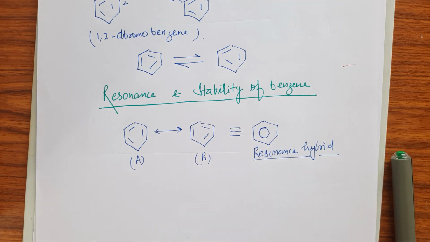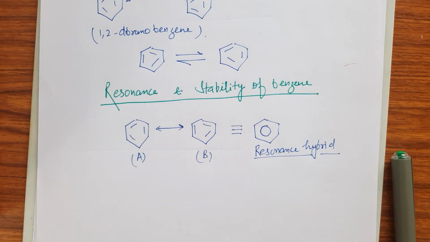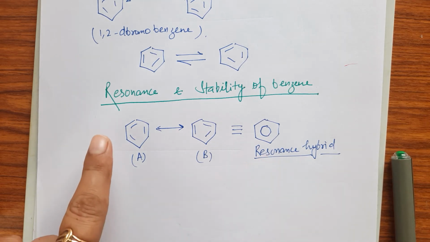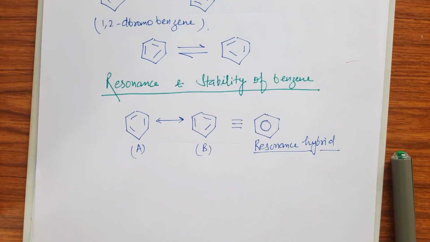So it shows the orbital overlapping in benzene, and that's why there is the possibility of resonance, and that's why it exists in the form of this resonance hybrid instead of the structure A or B given by Kekulé. Now we take the proper orbital overlapping in benzene. So let's check it.